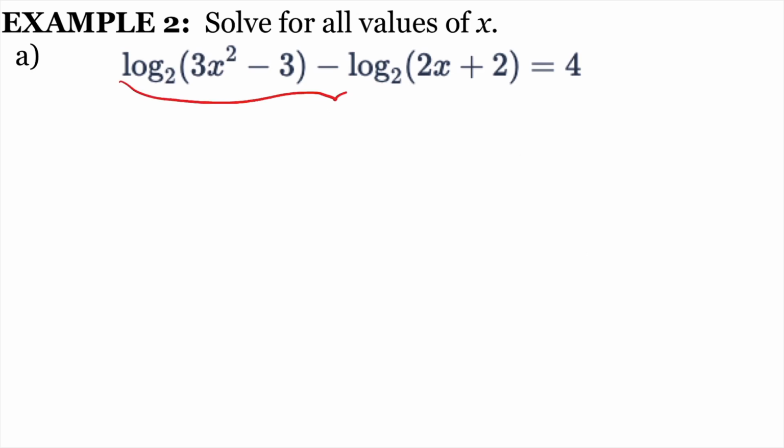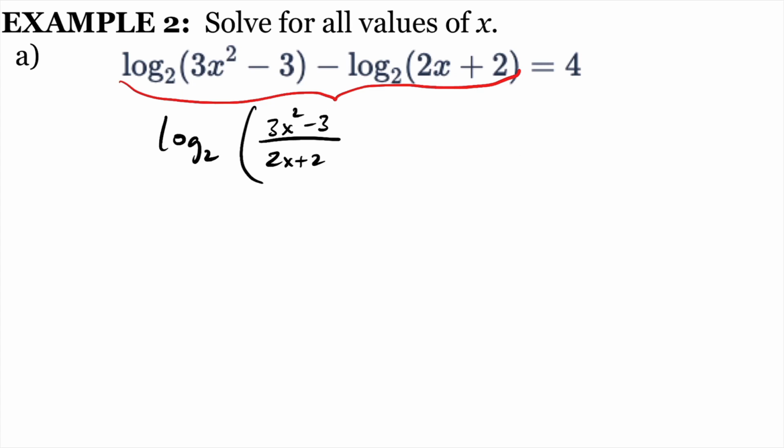Condense. Which property or properties am I going to use to condense these two guys? Quotient again. Yeah, quotient again, right? So you're going to have a log with a base of 2, and then you're going to have 3x squared minus 3 on top, and 2x plus 2 on the bottom. And then that equals 4.